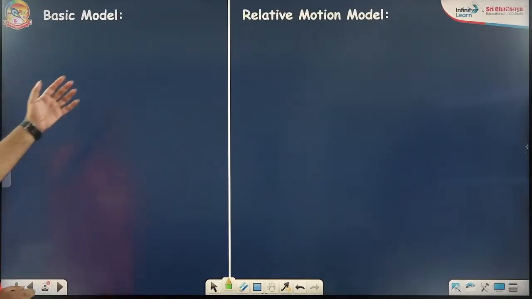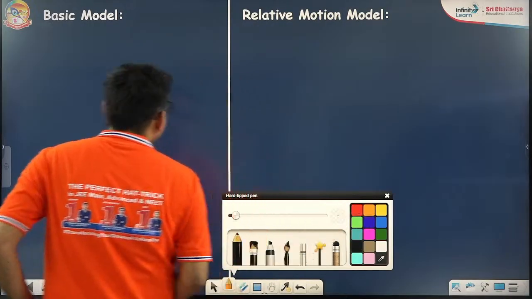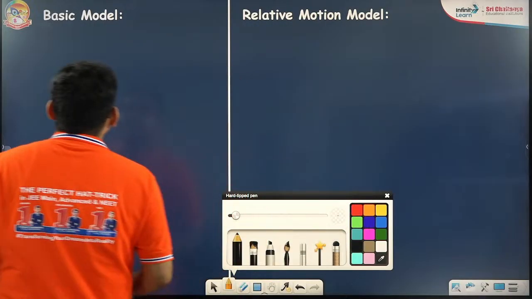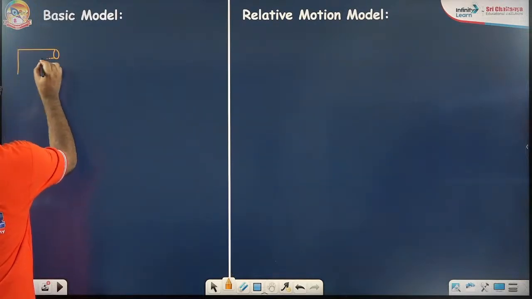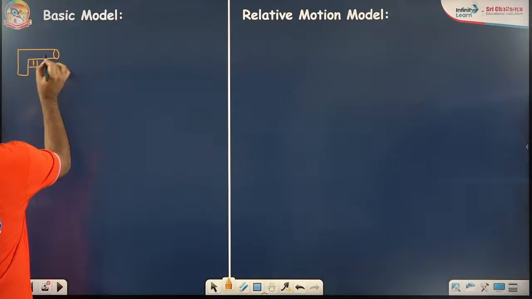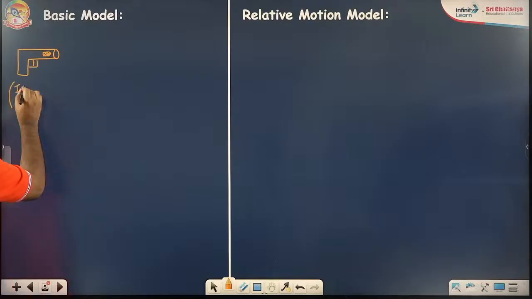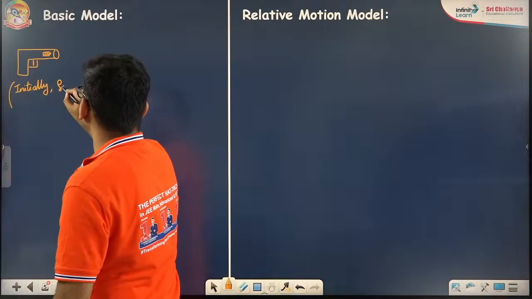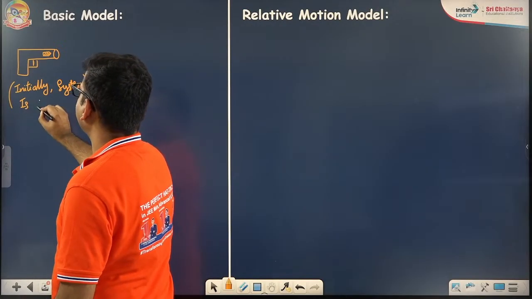Okay, let's compare the models. So here one is the basic model, here one is the relative motion model. So the basic model I'm starting with, I'm saying there is a gun, and there is a bullet inside the gun. Initially the system is at rest.